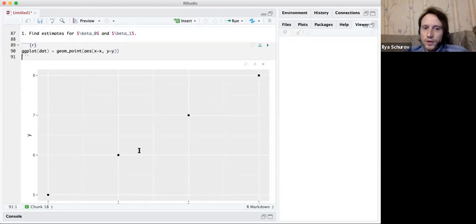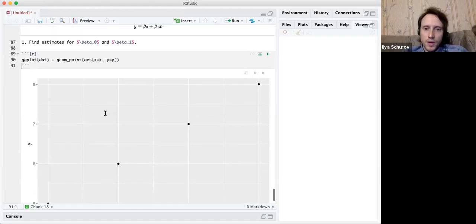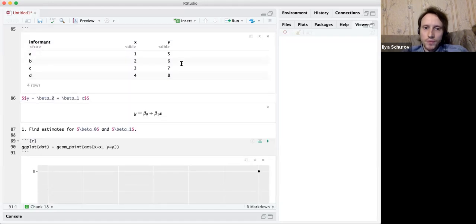If we draw the graph, we see that our points lie on the same line. Actually, this is a perfect fit for linear regression. And we have to find parameters of this line. We have to find slope and intercept.